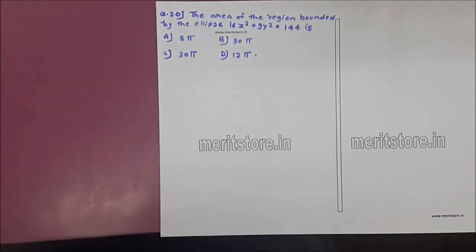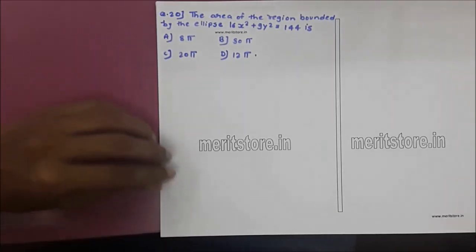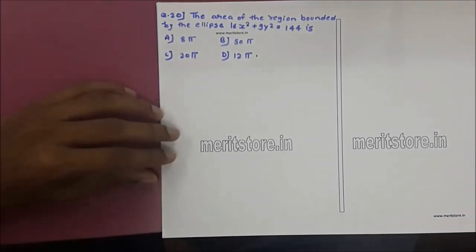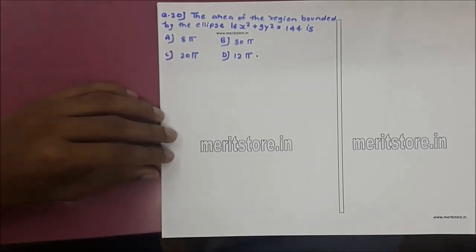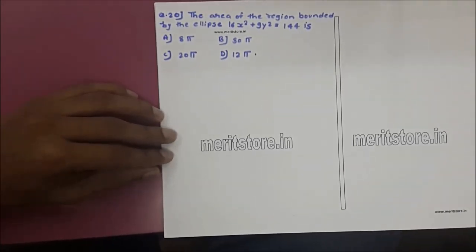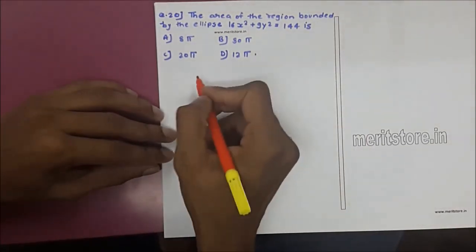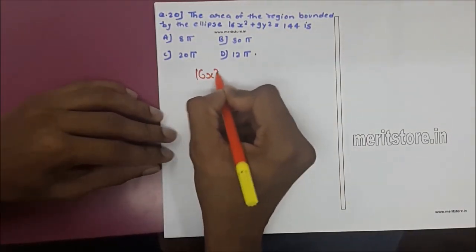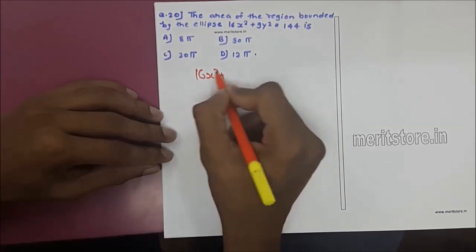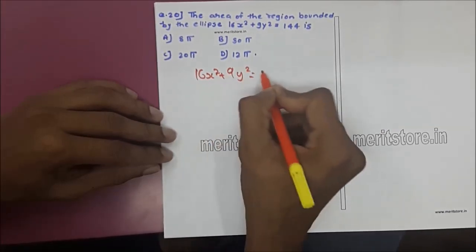Question 20. The area of the region bounded by the ellipse 16x square plus 9y square is equal to 144 is: A 8 pi, B 80 pi, C 20 pi, D 12 pi. We have the equation 16x square plus 9y square is equal to 144.